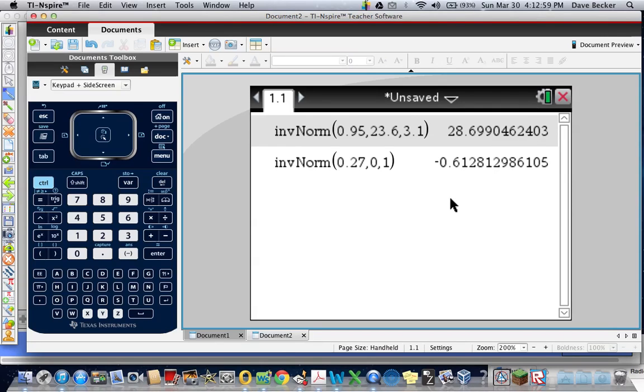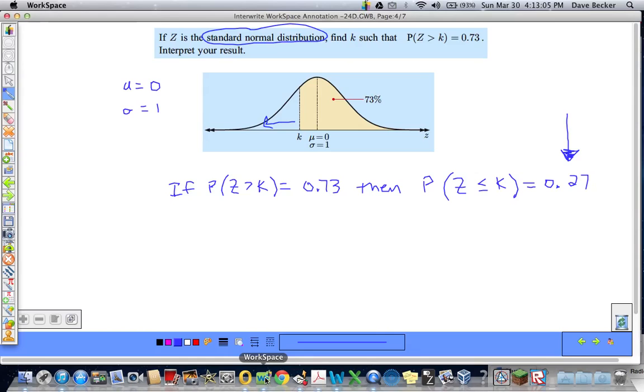Kaboom, we get negative 0.612. So k is approximately equal to negative 0.612. Okay. So that means for 73% of the values, the scores to be above 0.73, we're looking at a value of negative 0.612.